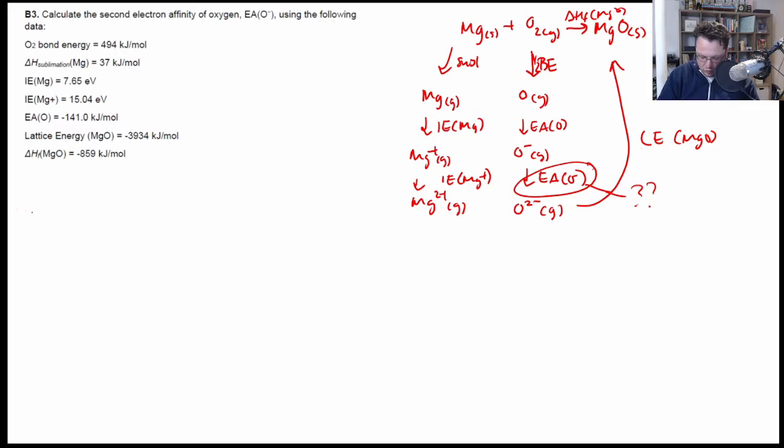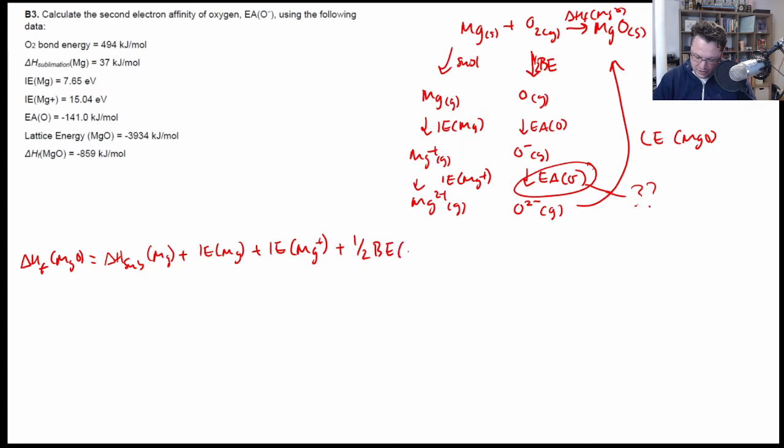If we write out the whole equation, delta H of formation of magnesium oxide is equal to the delta H of sublimation of magnesium plus the ionization energy of magnesium plus the ionization energy of magnesium plus, plus half of the bond energy of O2 plus the electron affinity of oxygen plus the electron affinity of O minus plus the lattice energy of magnesium oxide.